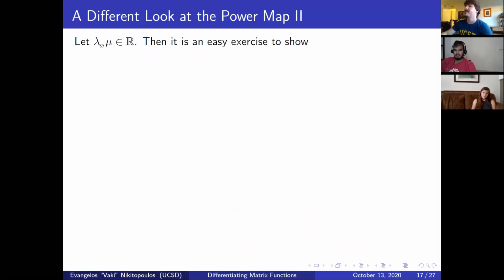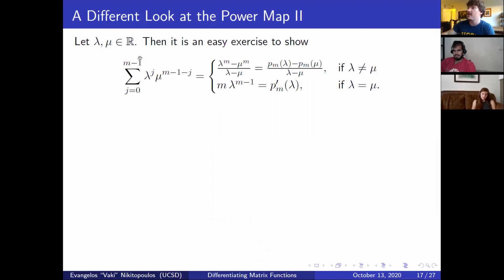If you fix lambda and mu, any real numbers, it's an easy exercise to show, either by direct calculation or with a geometric series type identity, that the two-variable polynomial we were just looking at is expressible as (lambda^m - mu^m) over (lambda - mu), which, putting the function notation in, is (p_m(lambda) - p_m(mu)) over (lambda - mu).